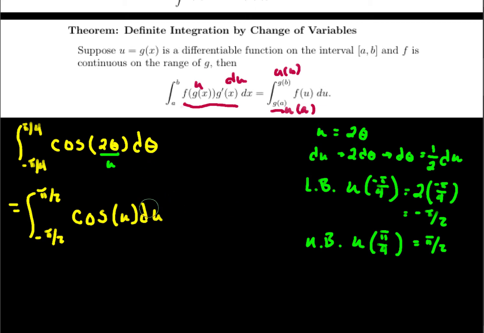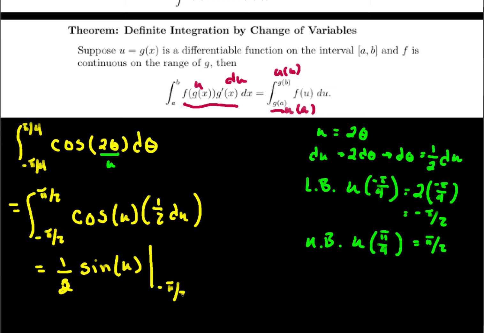This is supposed to be 1/2, so I need to put that here. So times 1/2 du. So the 1/2, that's a constant, comes out. Antiderivative of cosine is sine. So this is equal to 1/2 sine of u evaluated between negative pi over 2 and pi over 2.